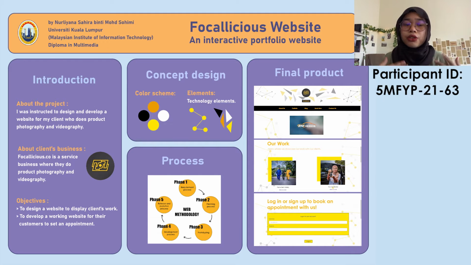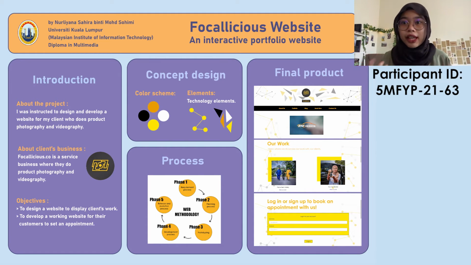And I don't want to use just any colors. I want to use these specific colors to fit in Focalicious' aesthetic. And the classic black and yellow put together, and I put it in my website. Other than that, the elements I chose are these shapes that you can see in my slides.